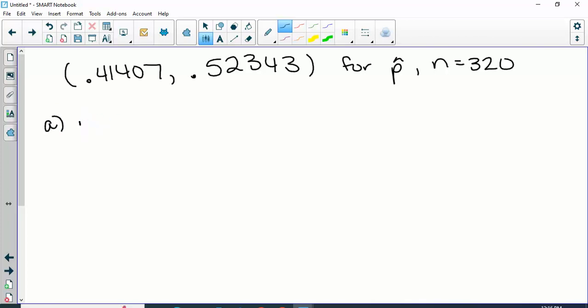I want you to find the point estimate for the population proportion.